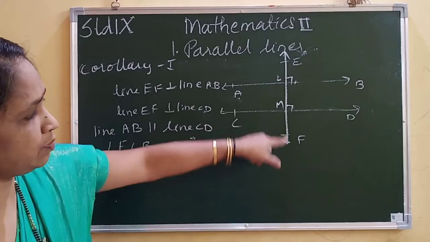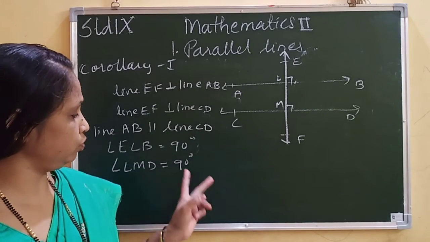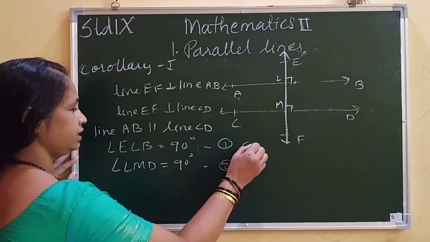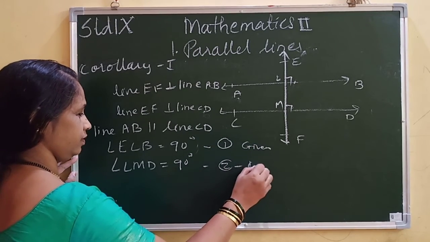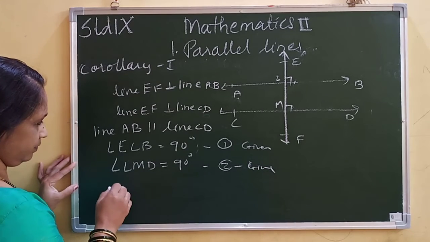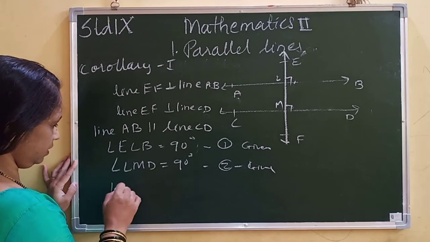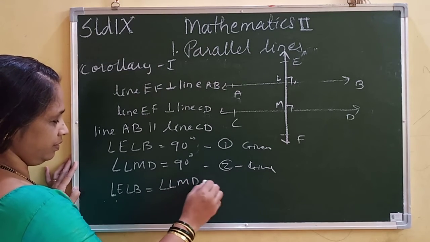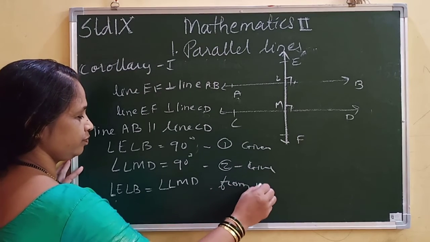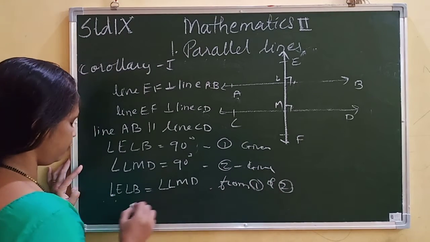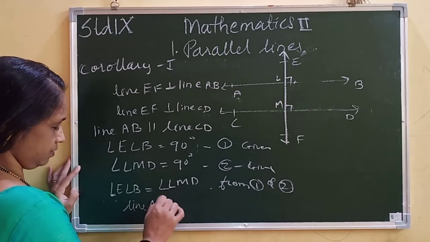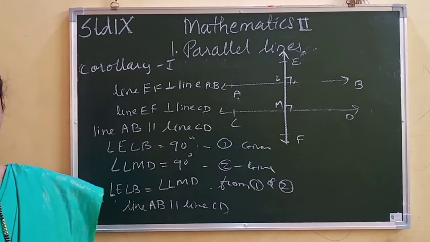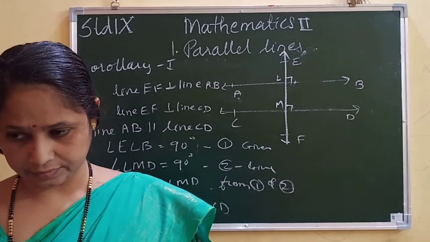You can say they are the corresponding angles, or from 1 and 2 they are equal. Therefore line AB is parallel to line CD.